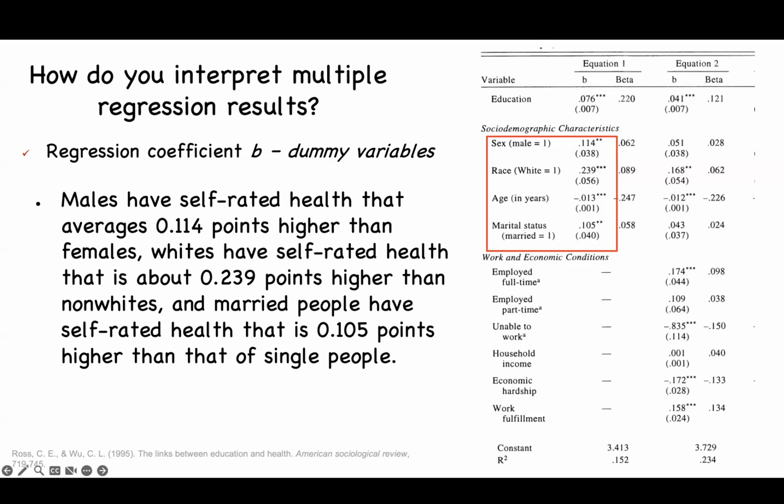Whites have self-rated health that is about 0.239 points higher than non-whites, and married people have self-rated health that is 0.105 points higher than that of single people. So here your dependent variable is self-rated health.